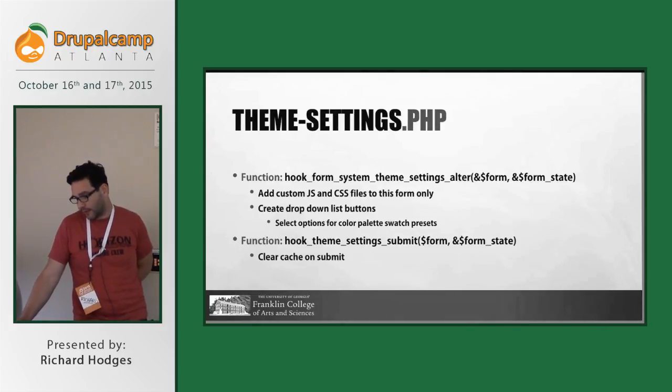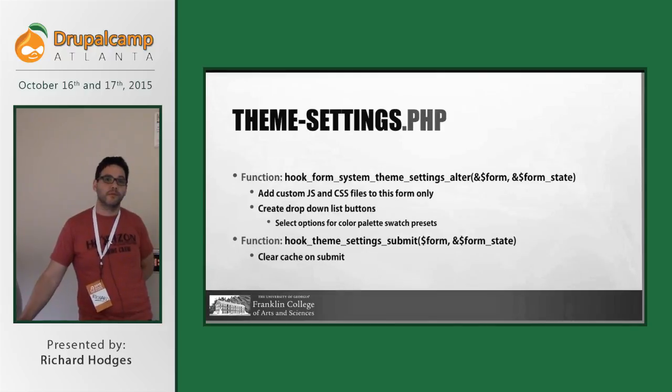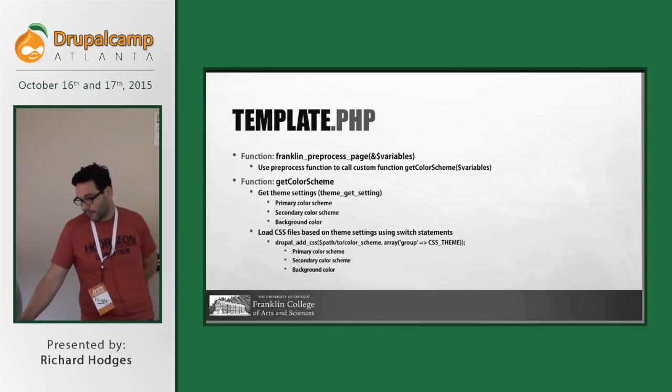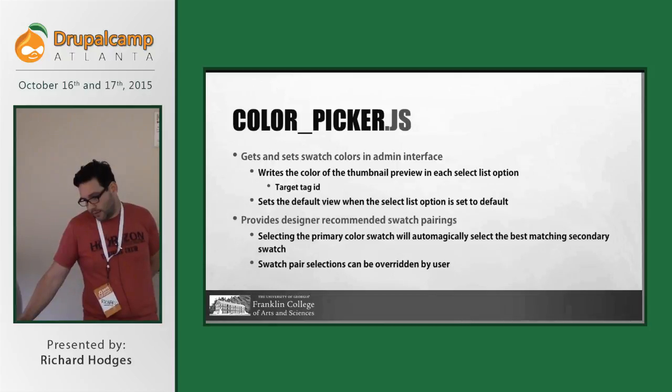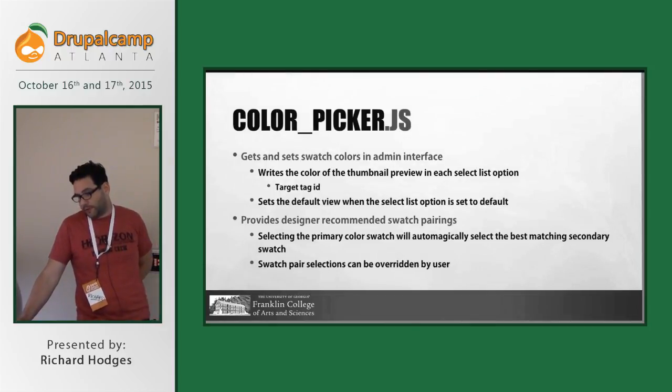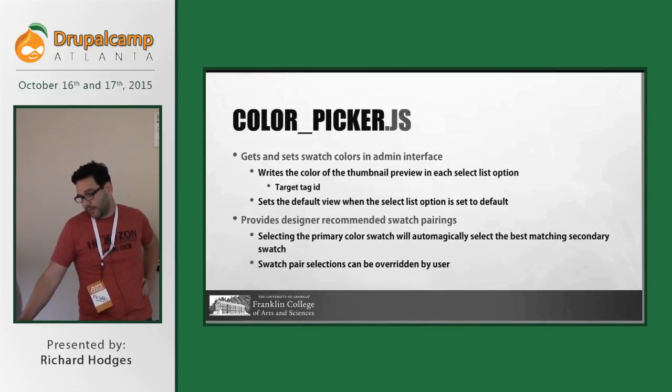They also allow the JavaScript file to read the ID tags of the drop-down buttons, so you can see which option you're selecting for. So with the color picker JavaScript file, like I said, it's just basically reading the ID tags of those PHP files and updating the interface view for the appearance.